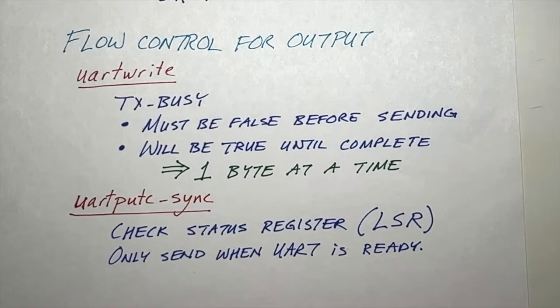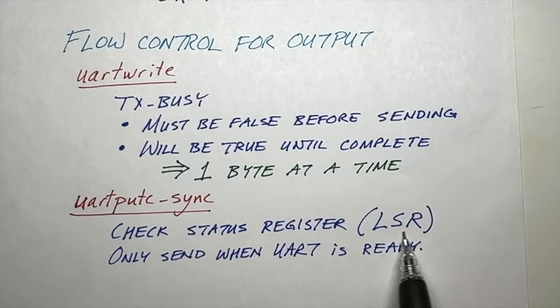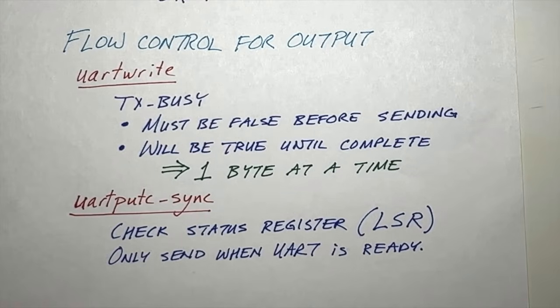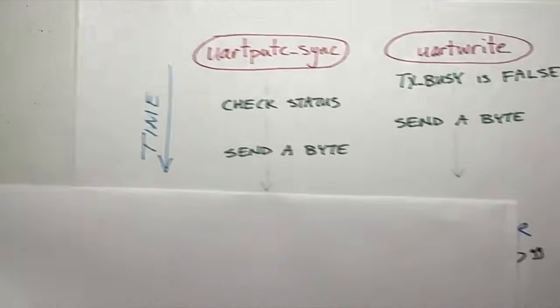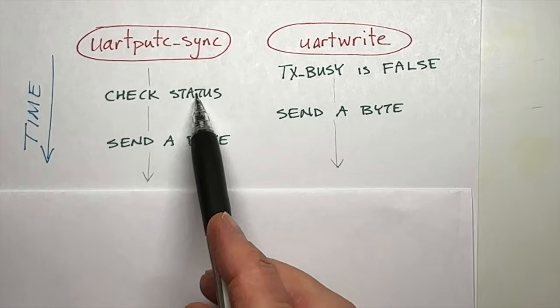On the other hand, the UART putC sync function completely ignored this flag and directly checked the bit in the UART status register. If the UART was ready to take another byte, the function would send the byte straight to the UART. Here's the problem. Imagine that UART putC sync looks at the status register and decides it's okay to write a byte.